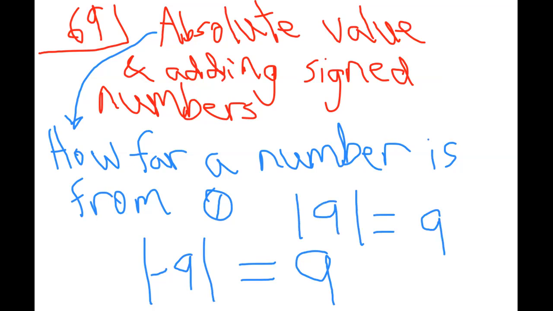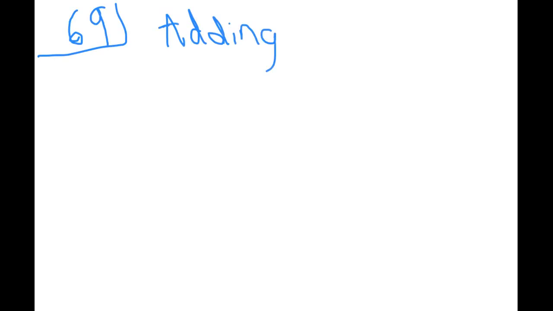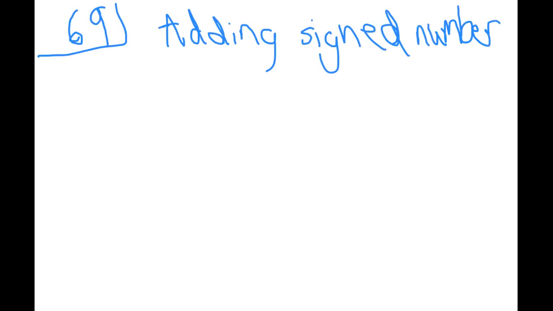Okay, so let's go and talk about, we're still on lesson 69 here, so I'll keep 69 up in the corner so you guys can keep track of that. But for adding signed numbers, we can add them on a number line, right?